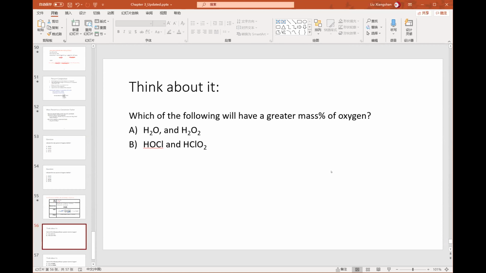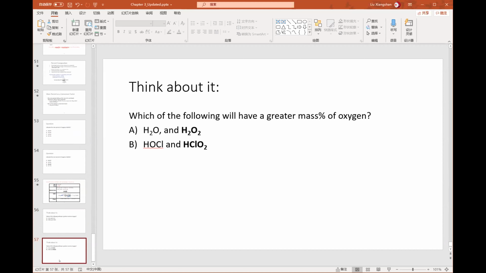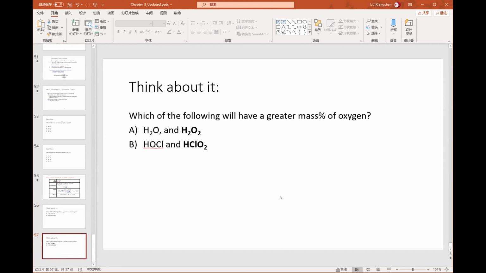In hydrogen peroxide, there are 2 oxygens in H2O2. The same for HOCl and HClO2. You need to think of both the oxygen and the molecular mass of the compound, do the mass calculation, and find out which one has a greater mass percentage of oxygen. And the answer is H2O2 and also HClO2.